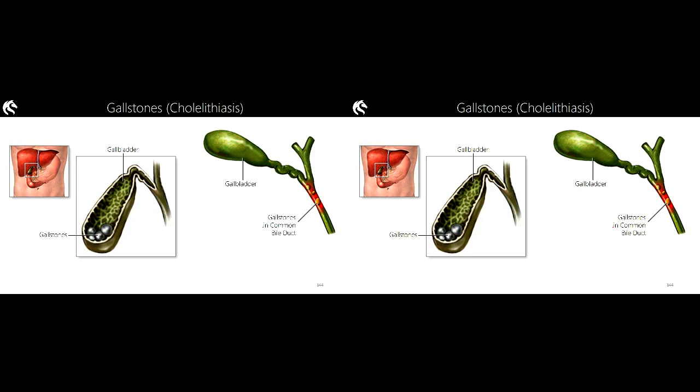The urinary bladder just has the cysto prefix. The gallbladder has the cholecysto prefix. Chole, bile, cyst, bladder. Okay?